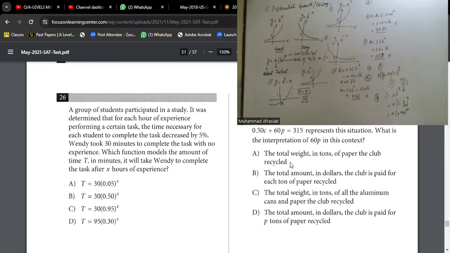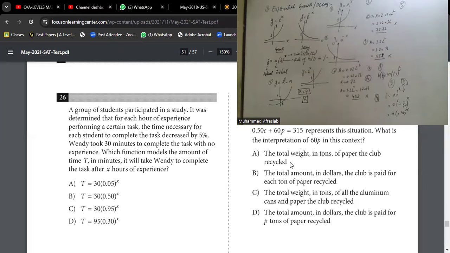Question number 5 now, which is question number 26. A group of students participated in a study. It was determined that for each hour of experience performing a certain test, the necessary time for each student to complete the task decreased by 5%.